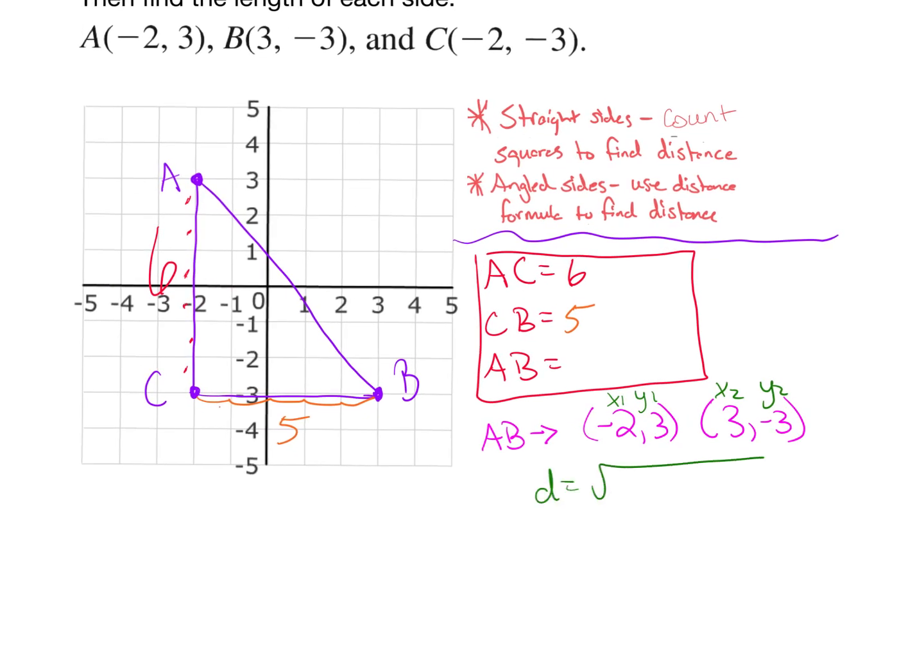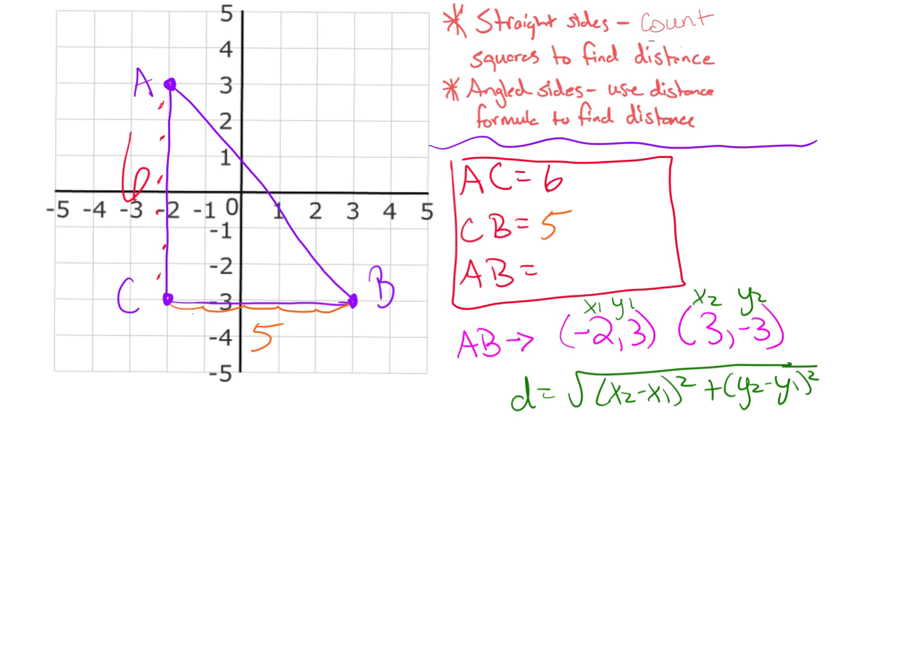Remember, distance, x2 minus x1 squared plus y2 minus y1 squared. Plug in. My x2 is 3. Minus that x1 is -2. What happens to those two negatives? They make it positive, so that becomes 3 plus 2, right?